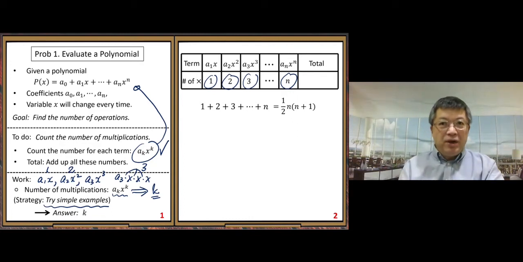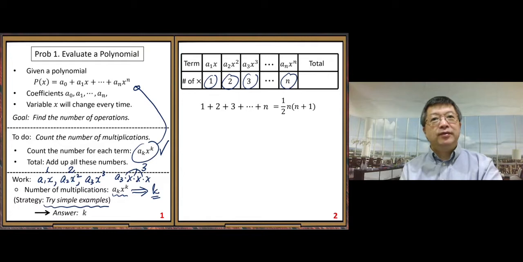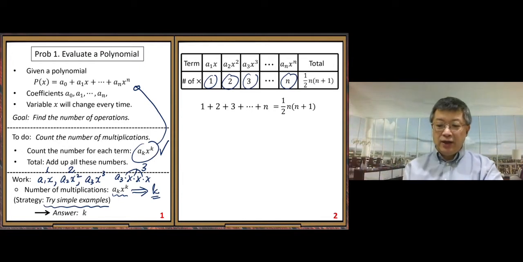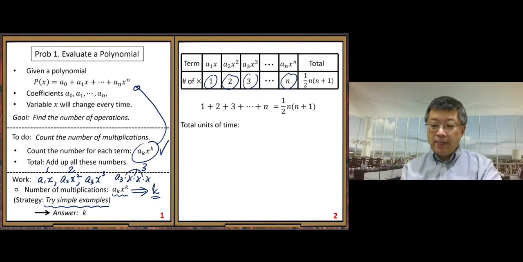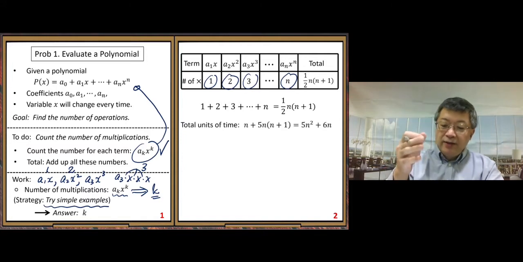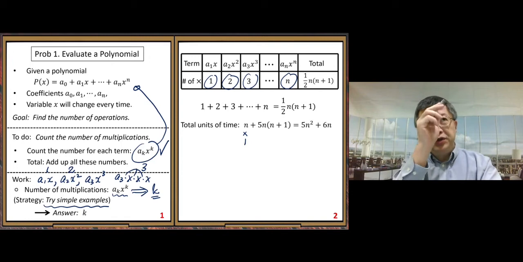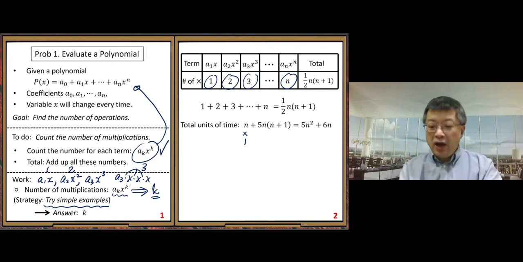So the last step now: total units of time to do the evaluation. All right, so this is the answer. Because each addition uses 1 unit of time, but each multiplication uses 10 units of time.